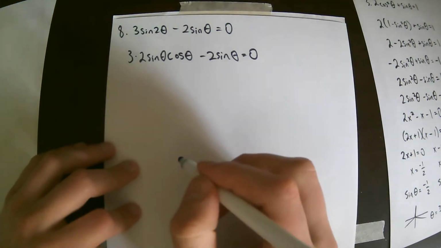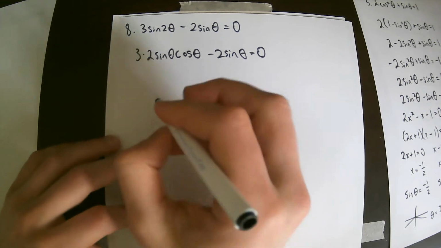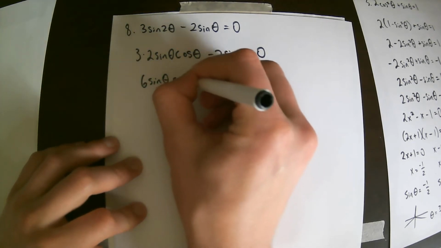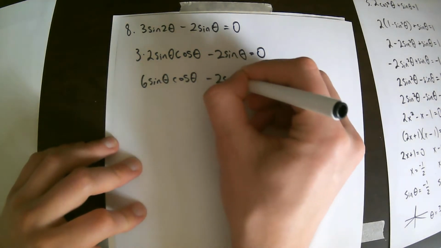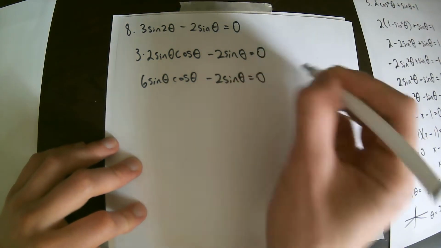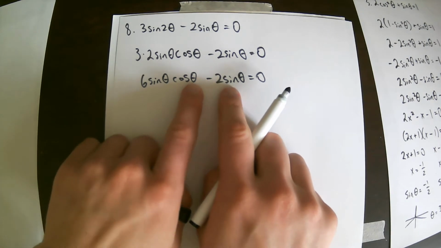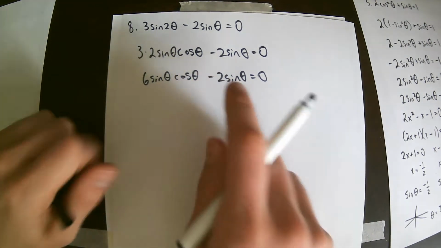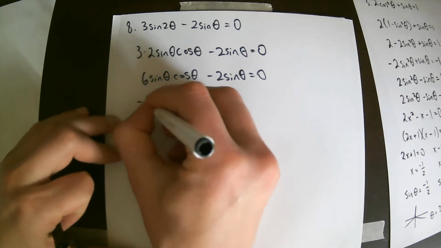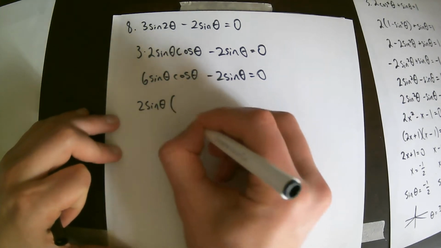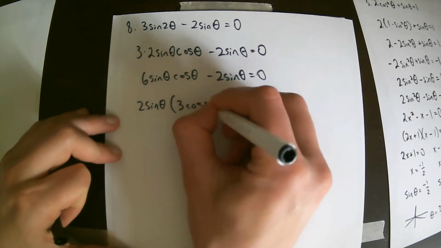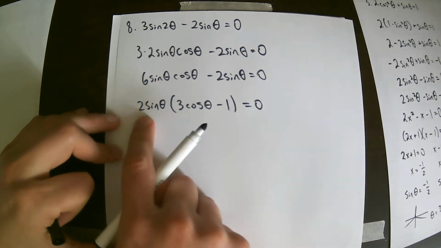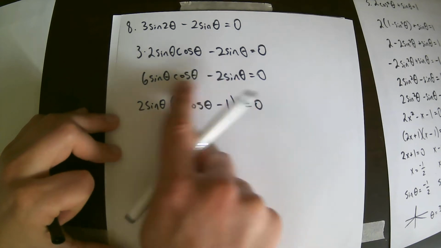And this is going to be 6 sine theta cosine theta. And this is similar to, I think, that other problem I worked before, where we can now factor a sine theta out of both of these. In fact, we can factor a 2 sine theta. So 2 sine theta times 3 cosine theta minus 1. So I'm factoring a 2 sine theta out of both of these terms.